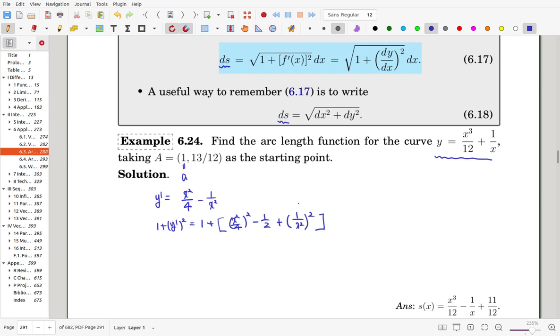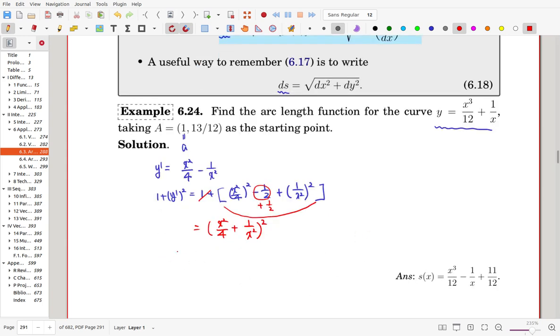As we did earlier, that minus 1 is added to over there to become this term, plus 1/2. But this can be obtained when this is positive and squared. So that means this is the same as x squared over 4 plus 1 over x squared, squared. Right?